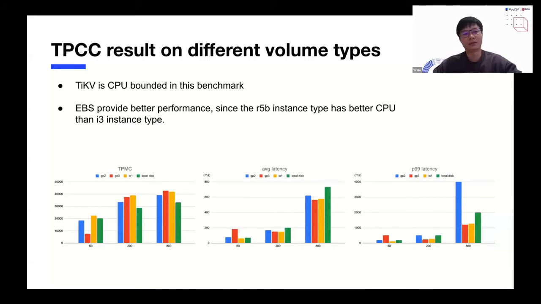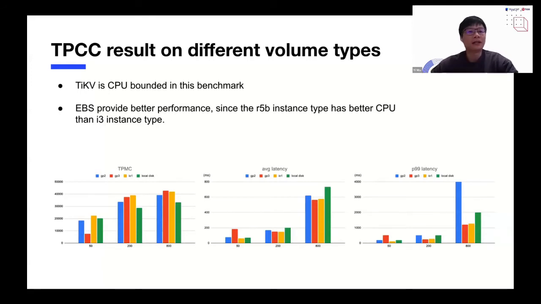As a result, with some workloads, when using EBS, we can actually achieve better performance, with the performance disadvantage only when the workload is lighter. That's the trade-off we are willing to make.